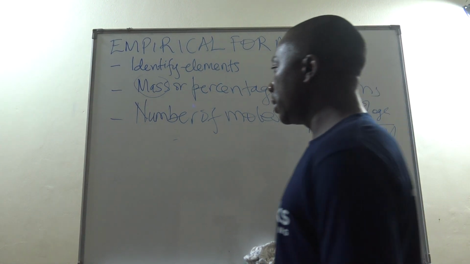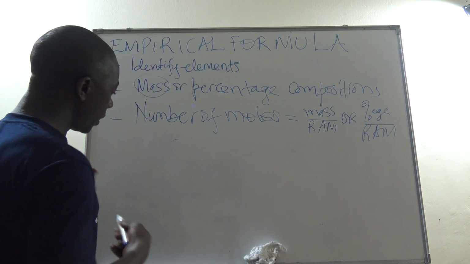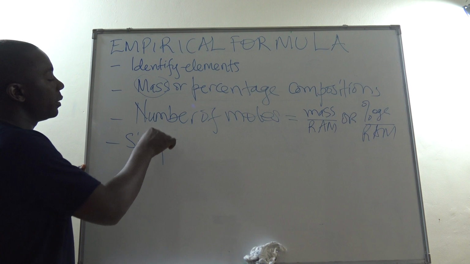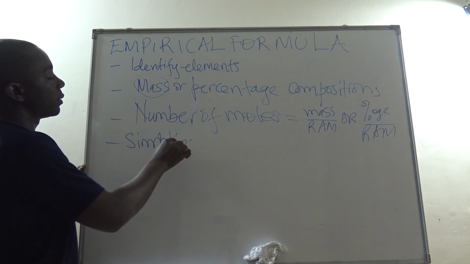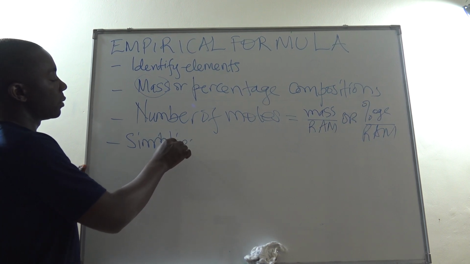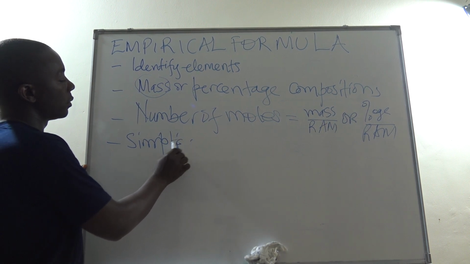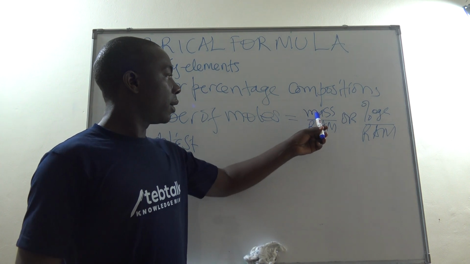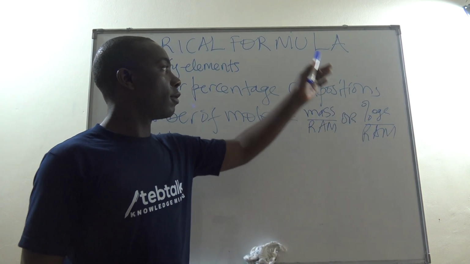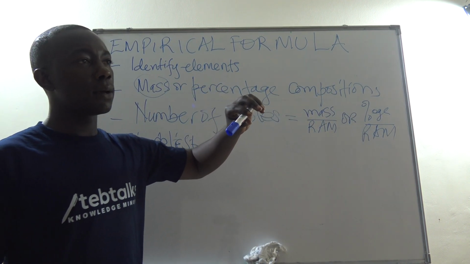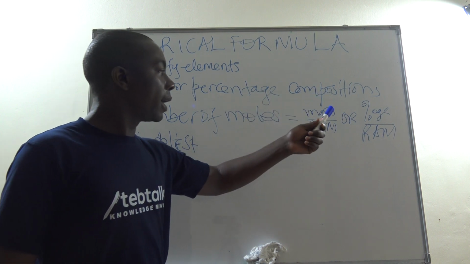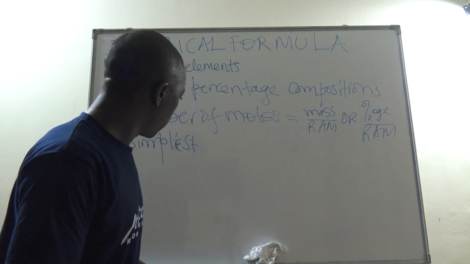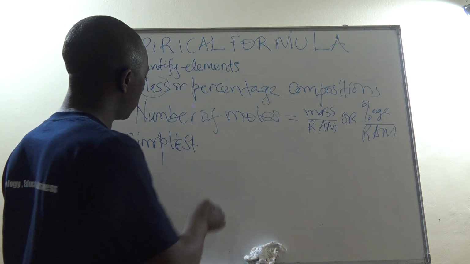And then after obtaining the number of moles, we go ahead to obtain the simplest ratio. Now, we should really be serious and call it simplest ratio. Because after obtaining these moles, we are going to look at very many moles of different elements in a given compound. But then we identify the ones which are smallest, divide them throughout. That's why we call it simplest ratio.